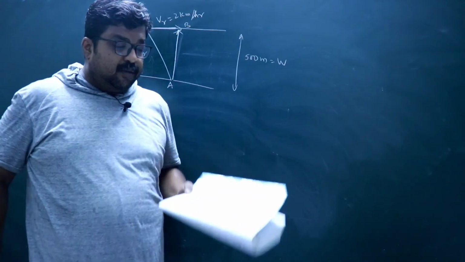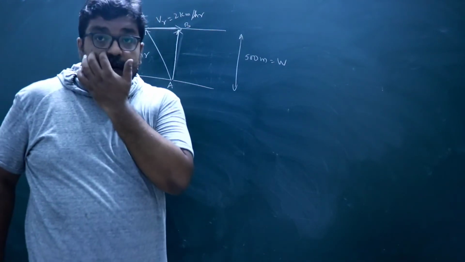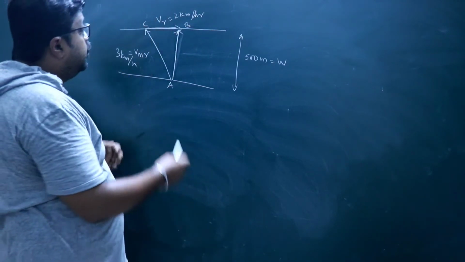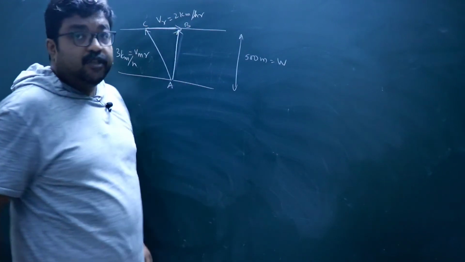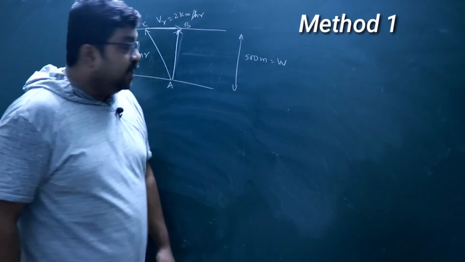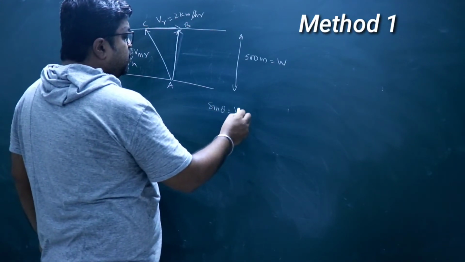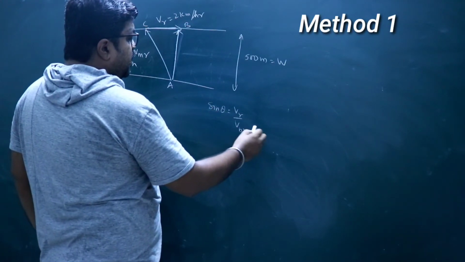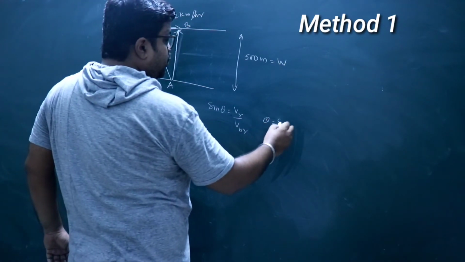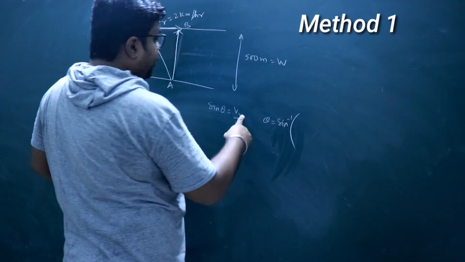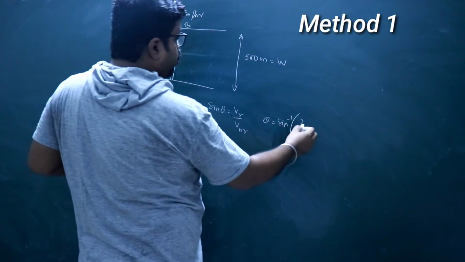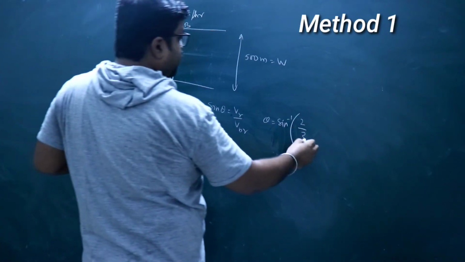Just now we have gone through the theory part. For straight across, if he wishes to reach the straight across point, then for zero drift, we have seen that sin theta is equal to VR by VBR. So theta is equal to sin inverse of VR is 2 and VBR is 3.